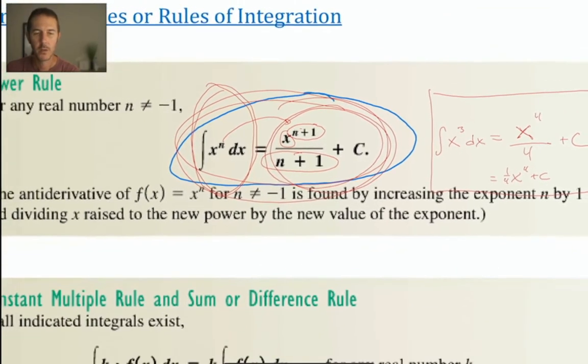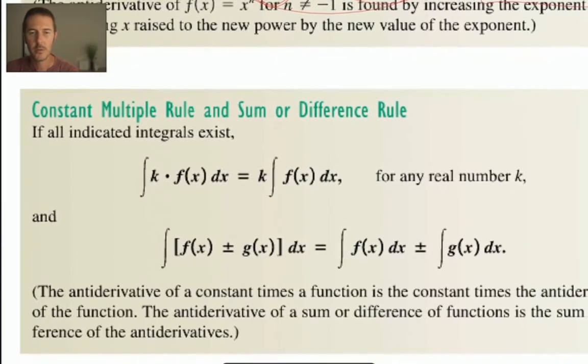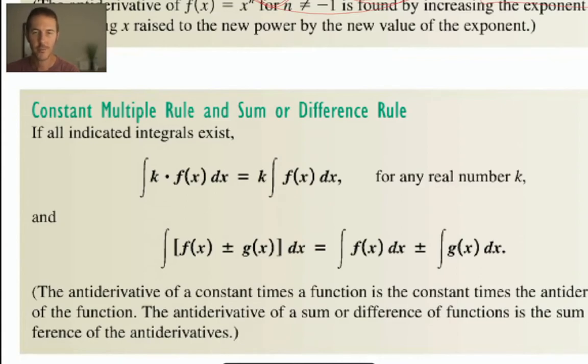There is also a constant multiple and a sum and difference rule. Just as we have for derivatives, there was a constant multiple rule that said you could factor a constant like a coefficient out of the derivative process. We've got the same thing for the process of reverse or anti-differentiation, otherwise known as integration.